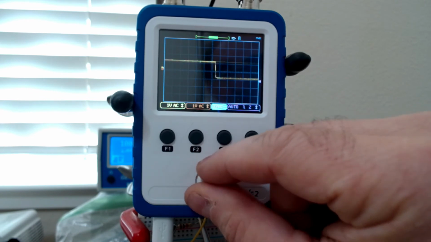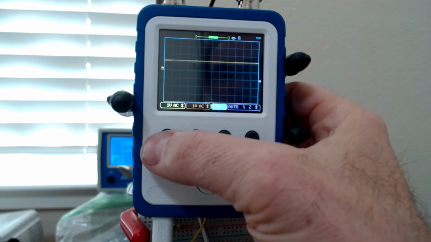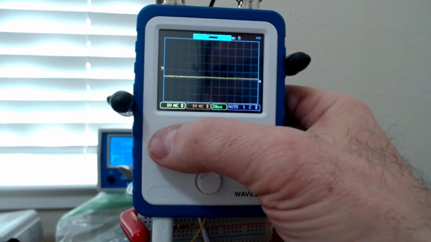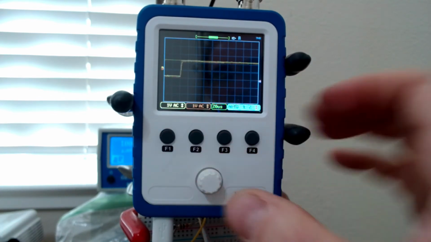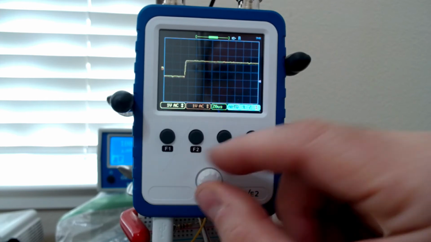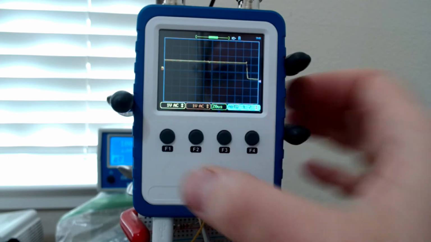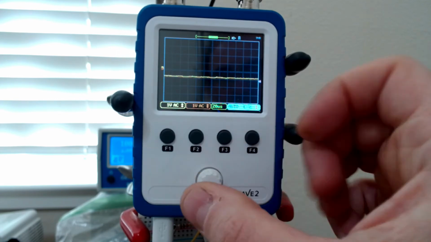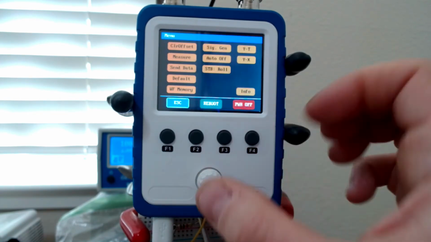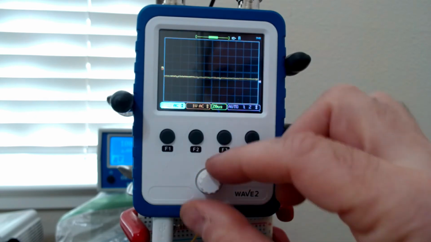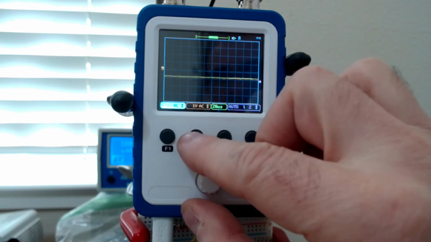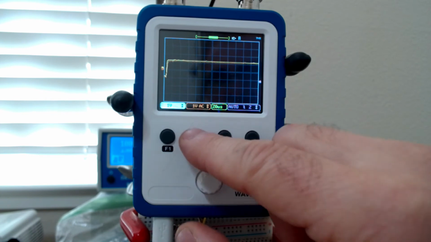And unfortunately, I might have to freeze this. Sorry. I have to remember the two scopes behave differently.